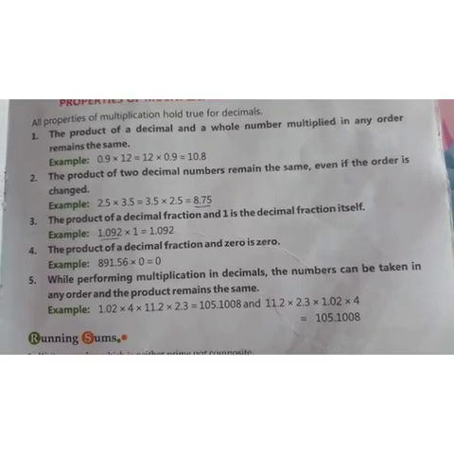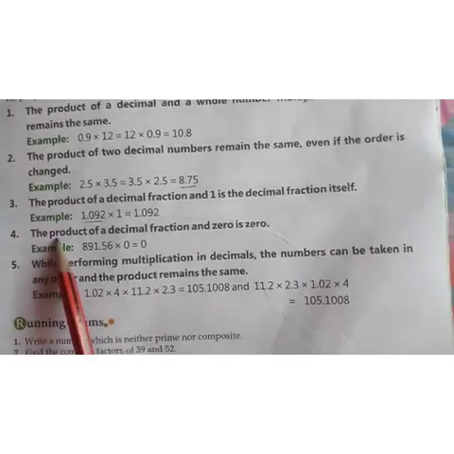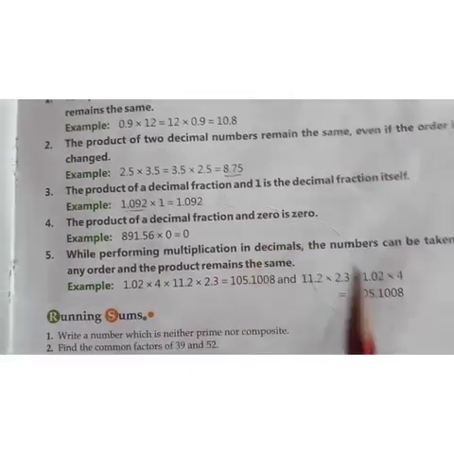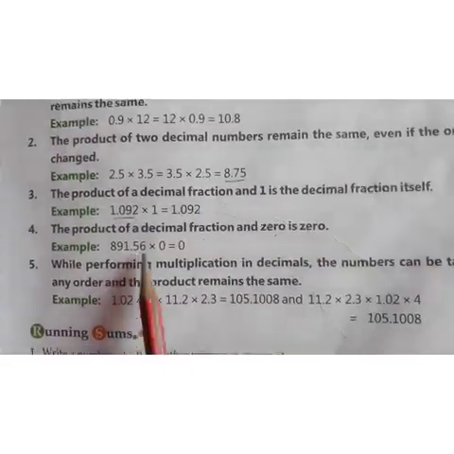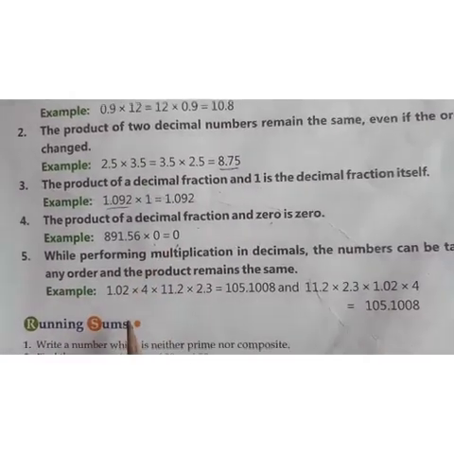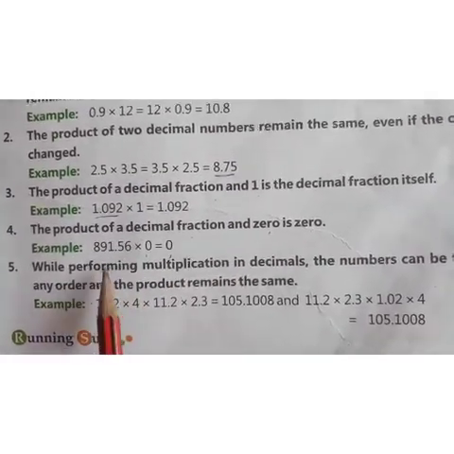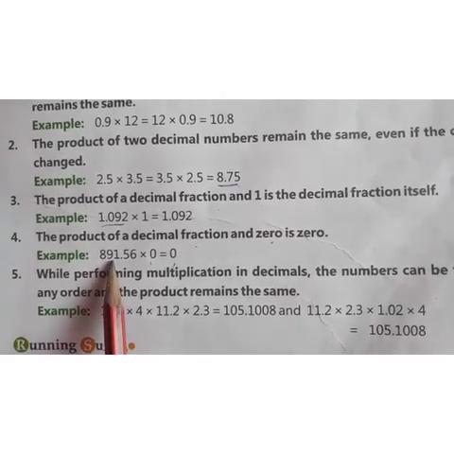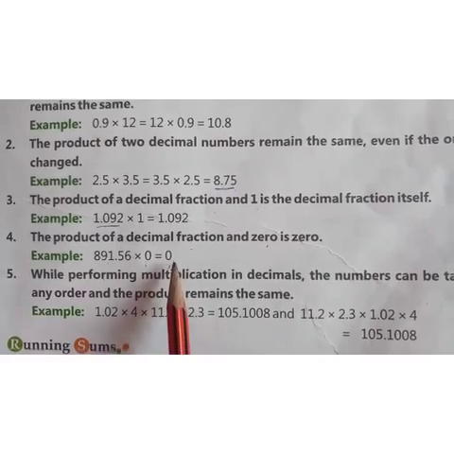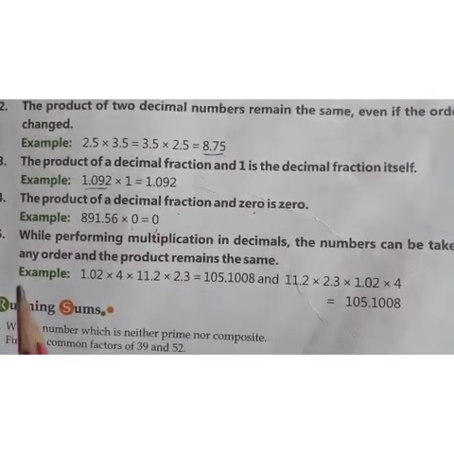Next we have fourth one, the product of a decimal fraction and 0 is 0. You already know any number multiplied by 0 is always 0. Either it may be a whole number or a decimal number. So any decimal number multiplied by 0, you get the answer 0 itself.